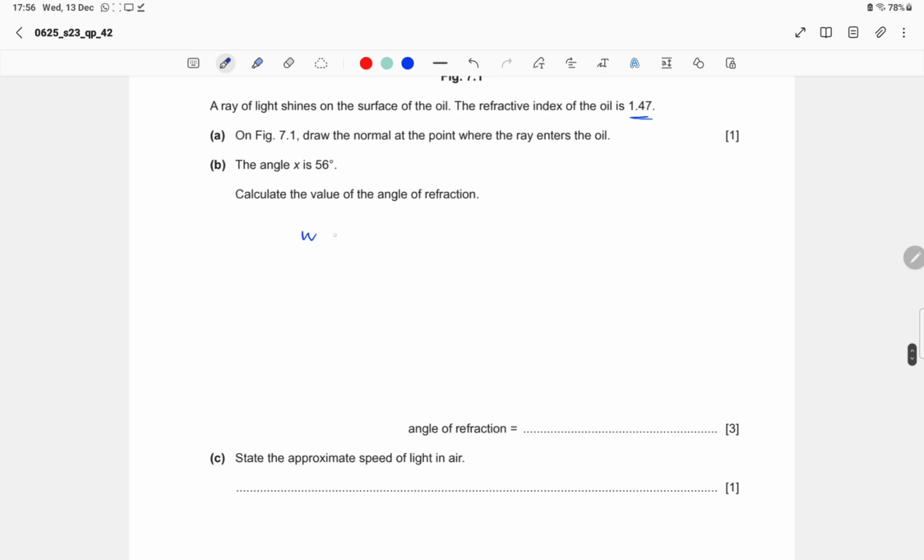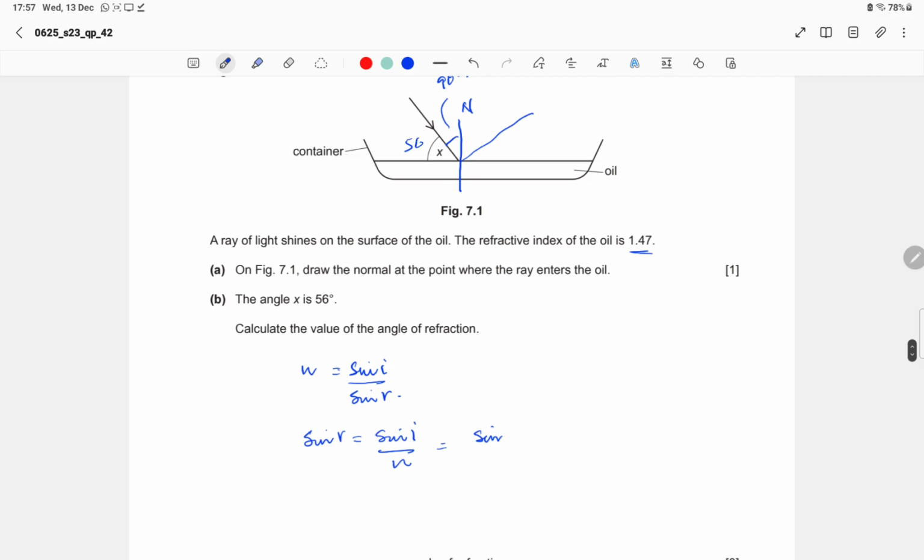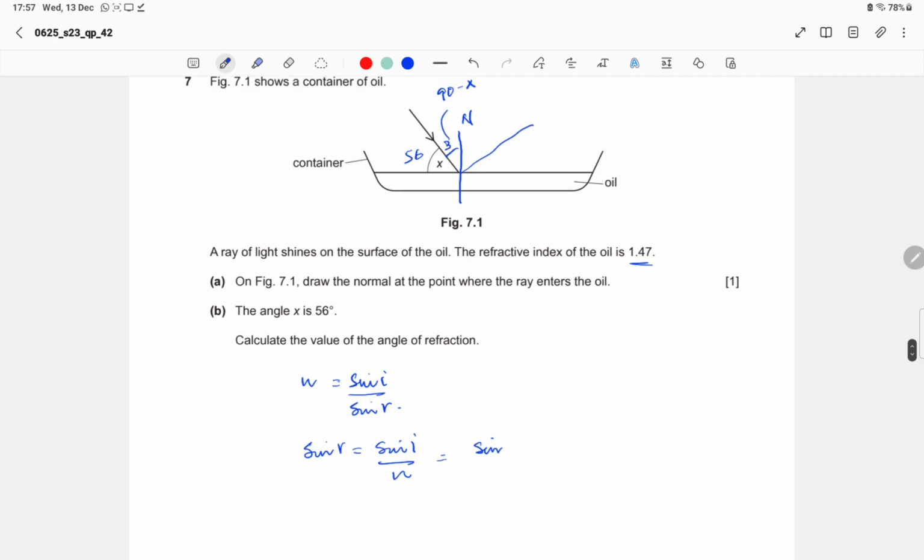Okay, so you can use sine i over sine r. So sine r equals sine i over n. Sine i is sine 56, and this is 56, so this is going to be 34.